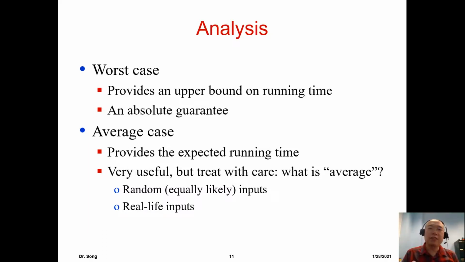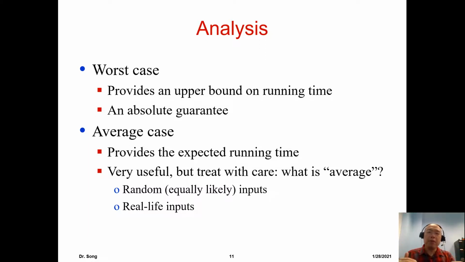When we are discussing the algorithms, we are either discussing the worst case or the average case. So what is the worst case for a sorting algorithm? It is that all the values are sorted in the reverse order. Say we have a sorting algorithm and we want to sort the values from low to high.